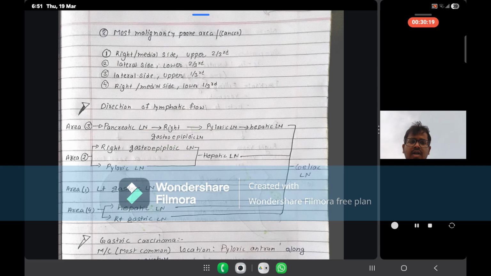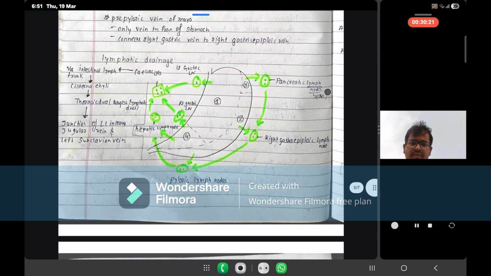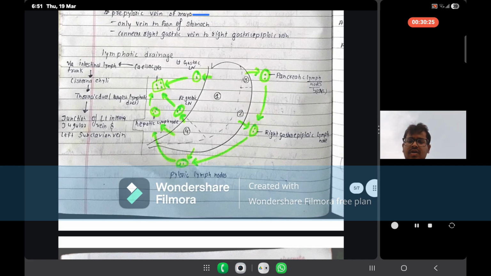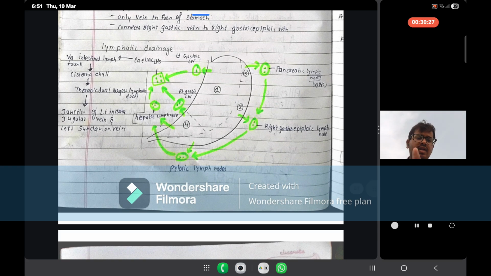Let me show you. It is the pancreatic lymph node, then it moves to the right gastroepiploic lymph node, then to the pyloric lymph node, then to the hepatic lymph node, where it drains to the colic lymph node.